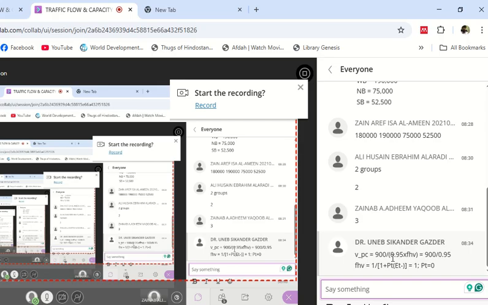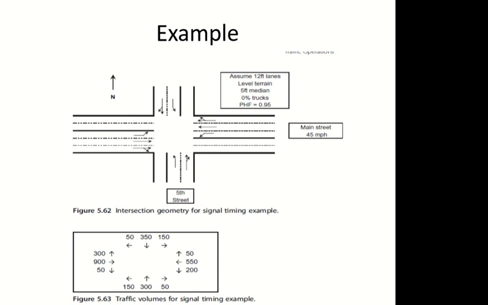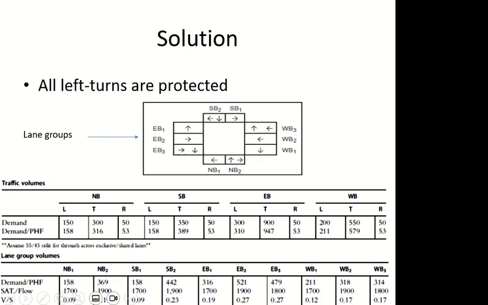So just to convert it to flow rate in passenger cars per hour, just divide by the peak hour factor, because FHV is 1. Is this clear? Okay, I'll take it as a yes. So this is what they have done. So this is my passenger cars per hour flow rate.